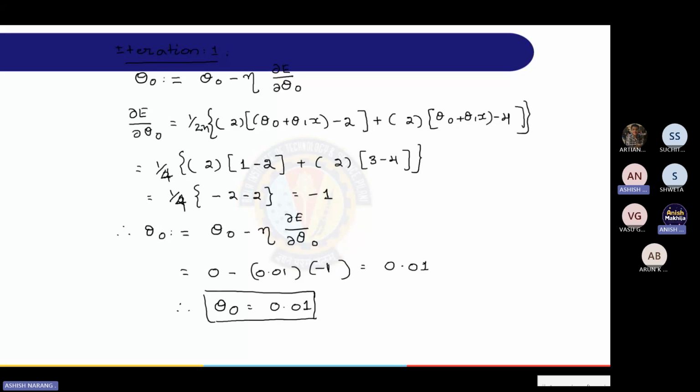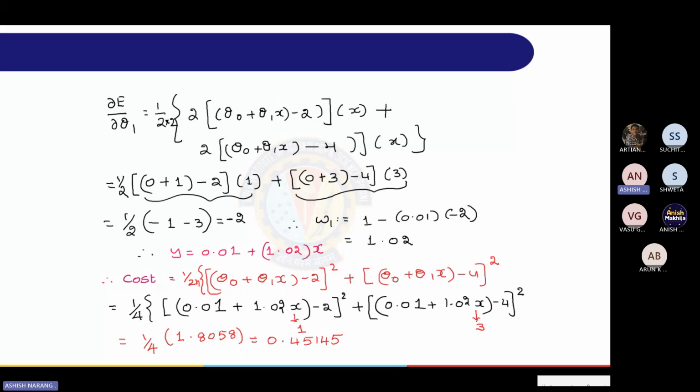These are very simple calculations, mathematics, right? You can use a calculator and compute it even. So you got an idea how to update the weight. Similarly, you can update theta 1 also. Others, are you getting it?